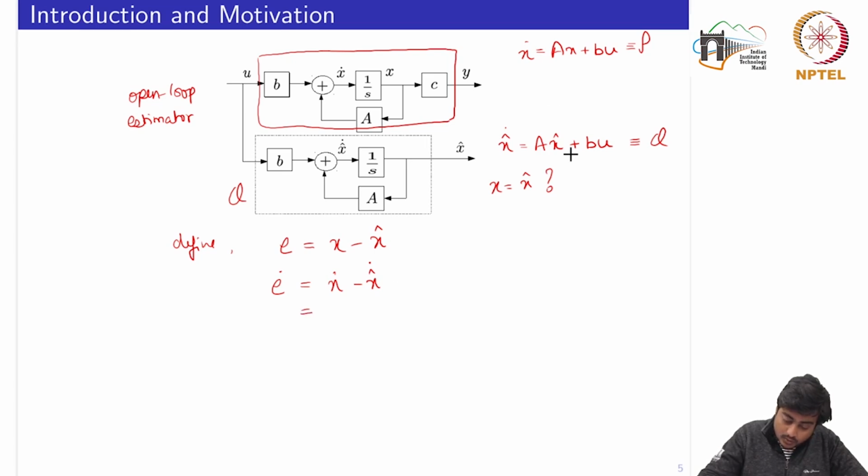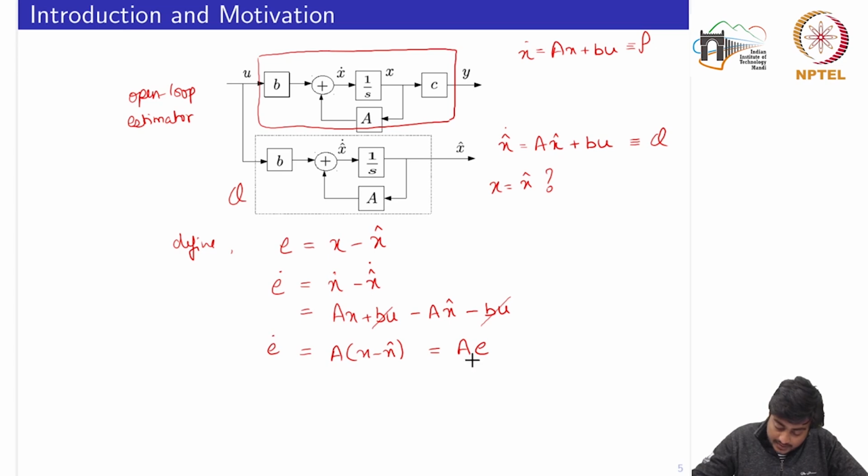From these two equations, I would substitute this x dot and x hat dot, and finally I would have Ax plus Bu minus A x hat minus Bu. So you see that this Bu part gets cancelled out and the remaining part is A times x minus x hat, which is nothing but Ae.